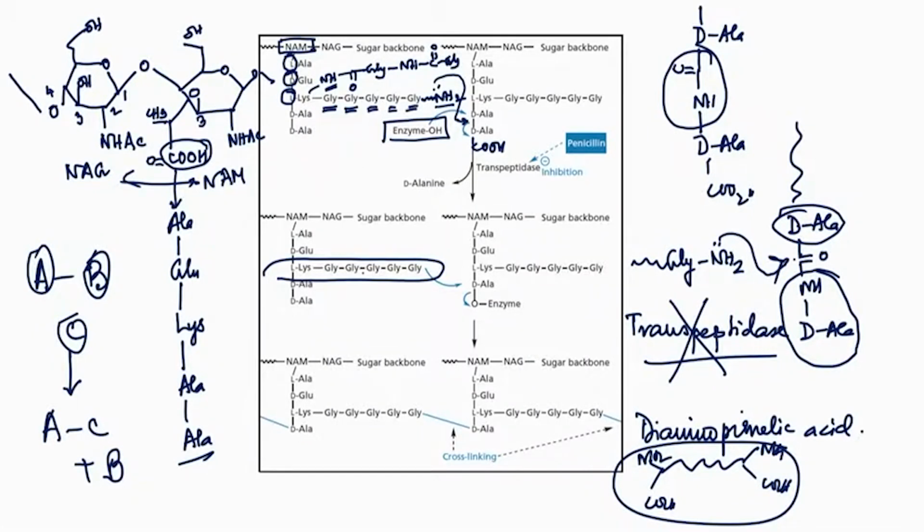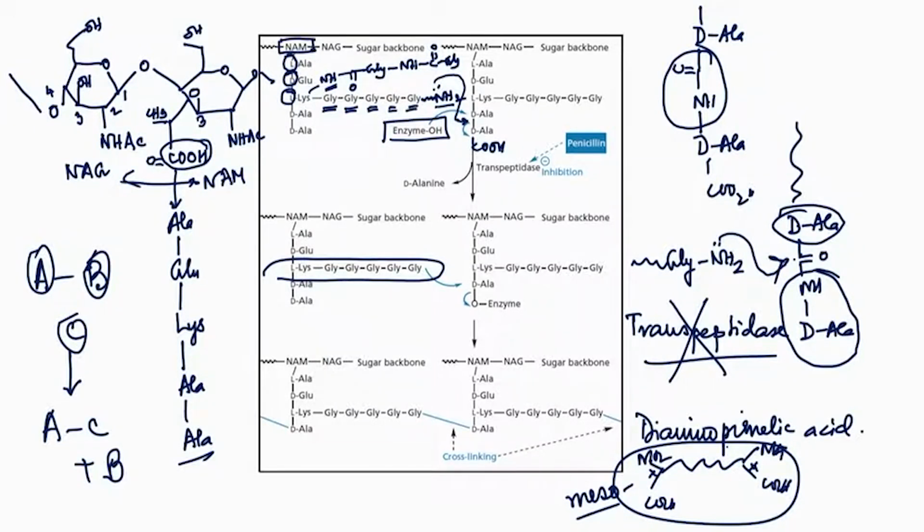In that case, the amine side chain of the diaminopimelic acid will react with that. Incidentally, this is the meso-diaminopimelic acid, because it has two stereogenic centers. If they are of opposite configuration, that becomes meso. It is the meso-diaminopimelic acid in E. coli that does this job.